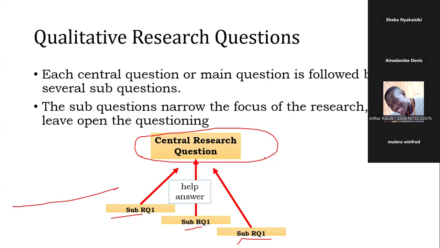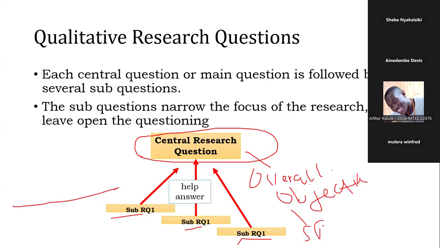When we were doing our undergraduate research projects, we had an overall objective, and then we had specific objectives. Do you remember that?